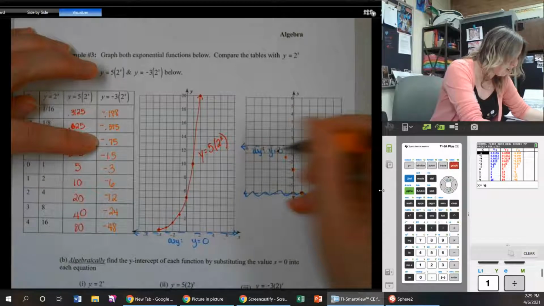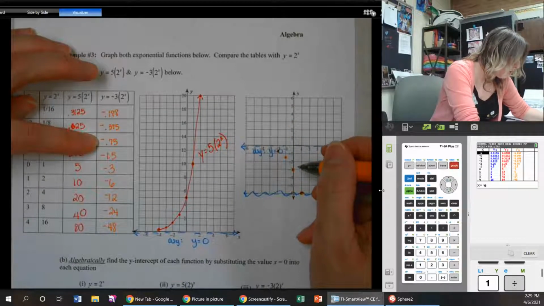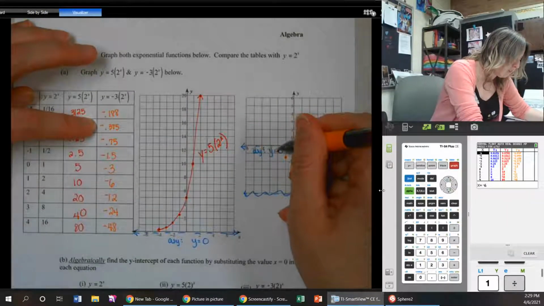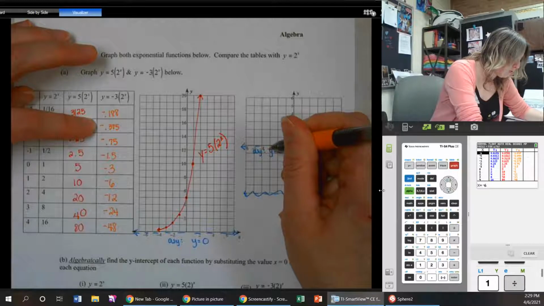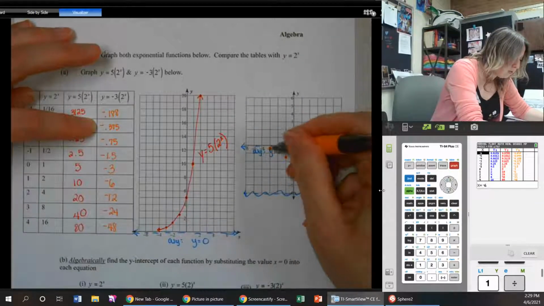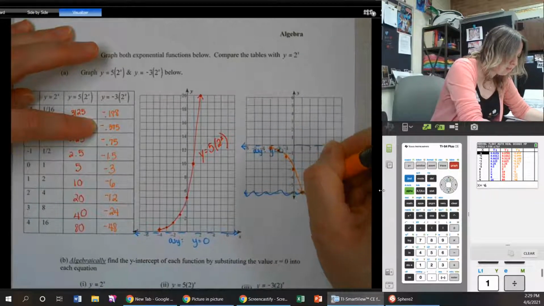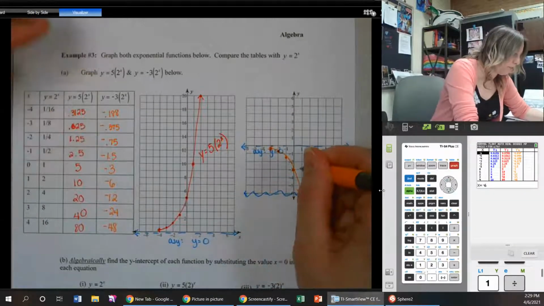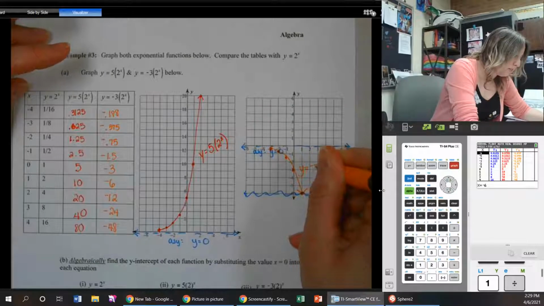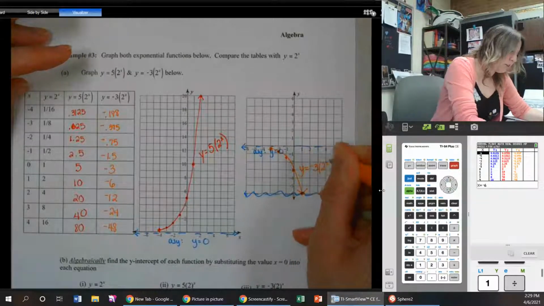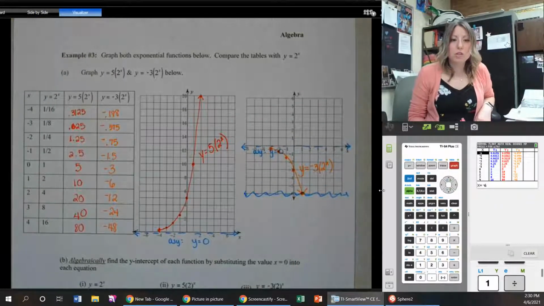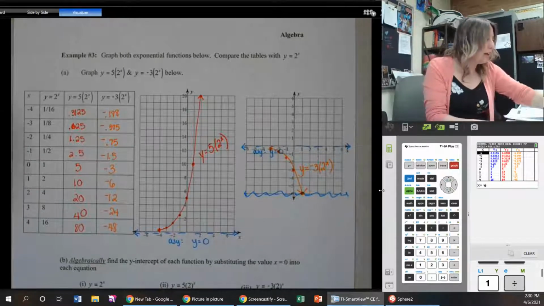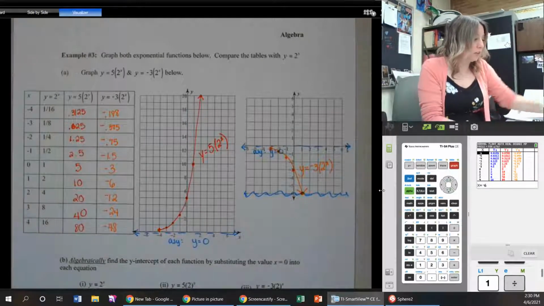Sorry, my labeling of my asymptote is kind of in the way. -3.5, and that is definitely enough to show my approach to my asymptote. I should have waited. There we go.